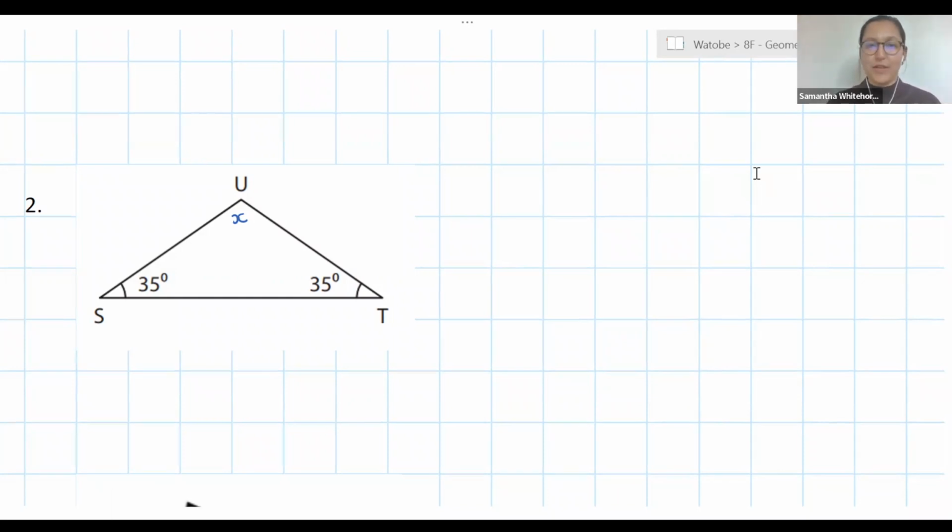Okay, so we're looking for that angle X. And remember guys, all of the angles in a triangle need to add up to 180 degrees. I see a lot of hands already.